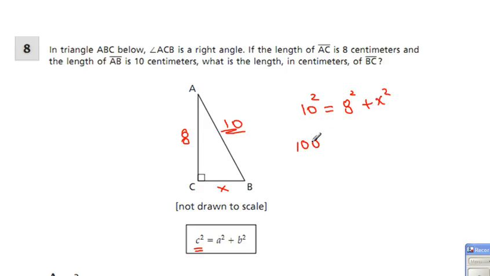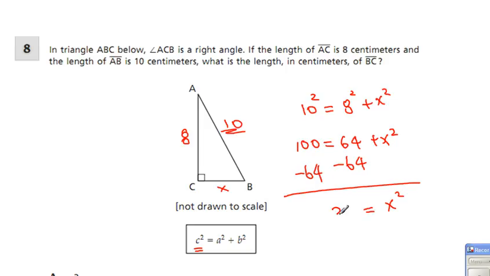Then here we have 100 equals 64 plus x squared. By subtracting 64 from each side, x squared would be equal to 36.